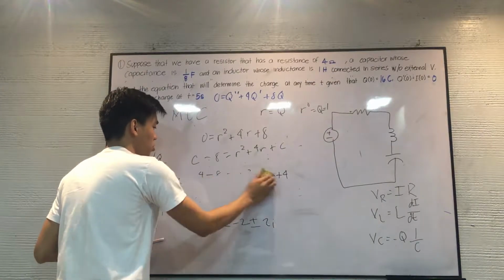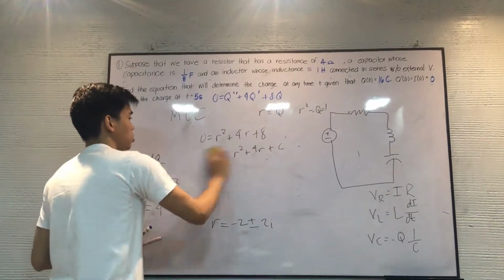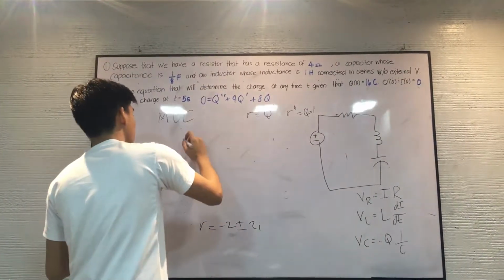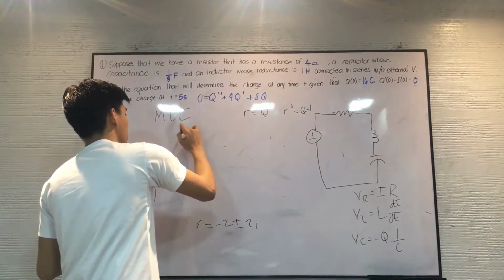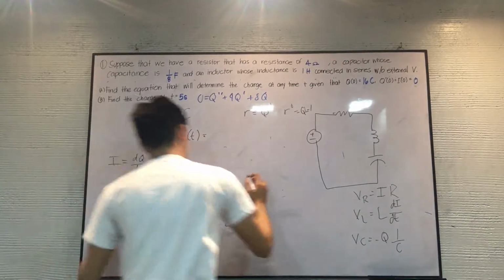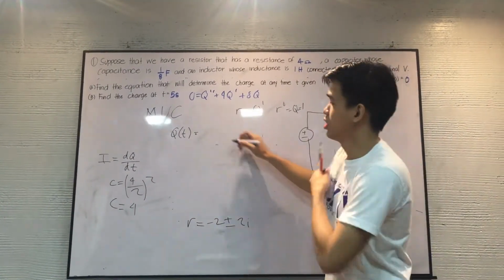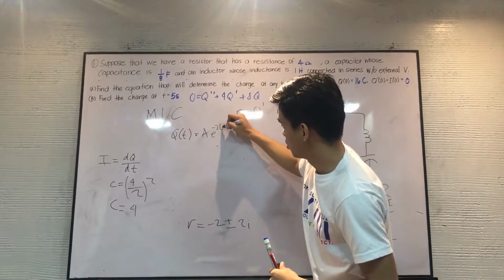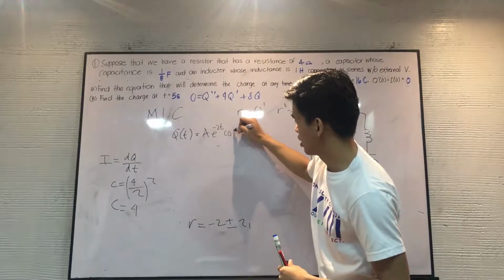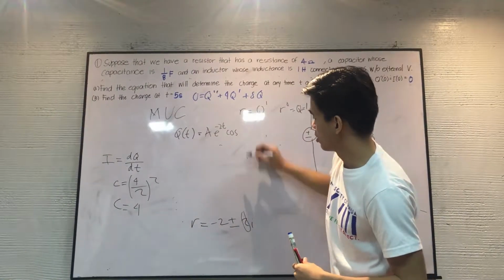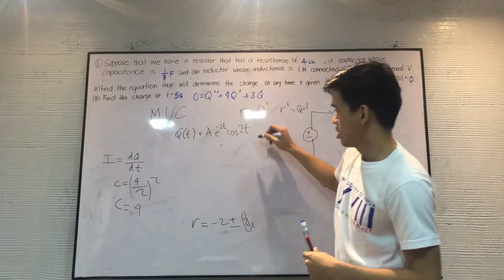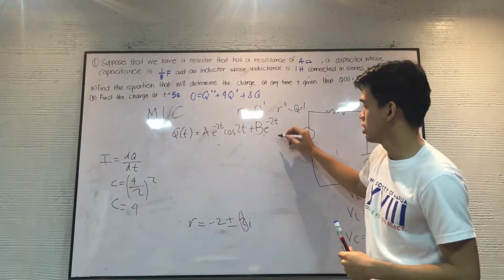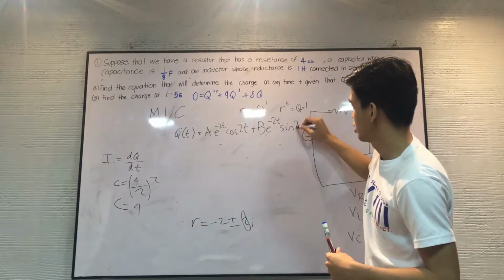So in order to convert this into a solution, this becomes a e to the power of negative 2t times cosine of 2t, with its corresponding coefficient inside, plus b e to the negative 2t sine of 2t.